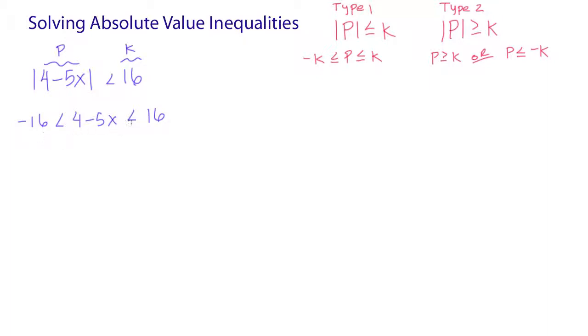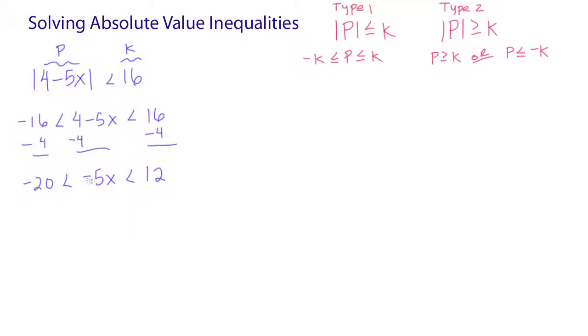Now, how do I solve for this? Well, again, I need to isolate x in the middle. How do I do that? Well, we're going to subtract 4 on all sides. So here we get negative 20 less than negative 5x less than 12.